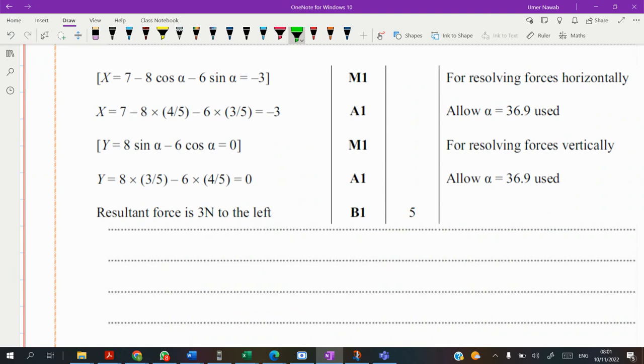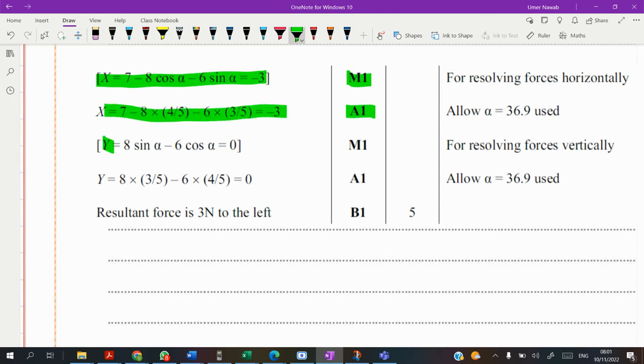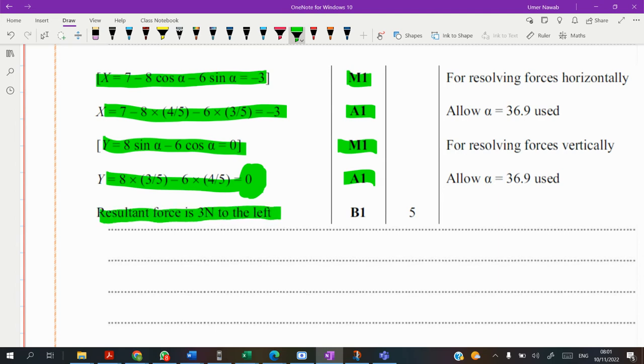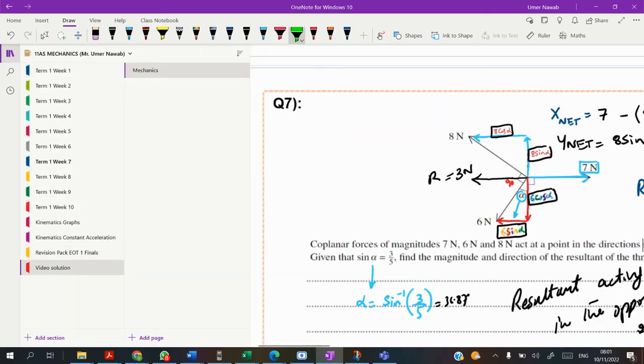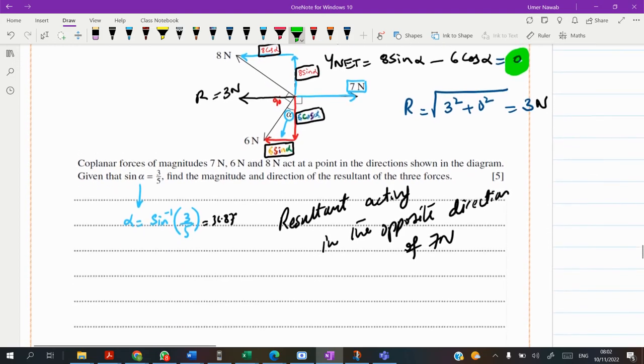Can you check that? 1 mark the examiner has given for writing the components, that is resolving, then accuracy, and method for accuracy. Did you see that the guy has written 0 here? And then finally, we found the resultant is 3 newtons acting to the left.